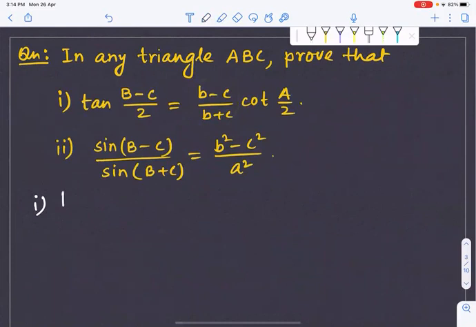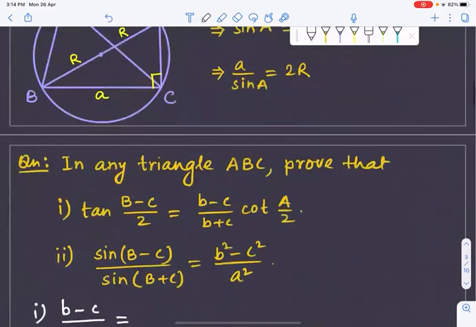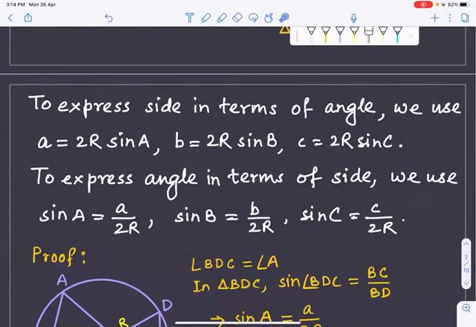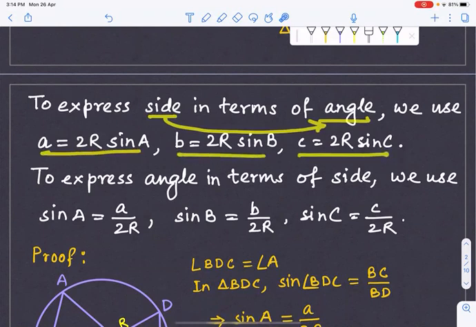So (b minus c) divided by (b plus c). This is in terms of sides, and I have told you here that if we want to express sides in terms of angles, we can use these relations.